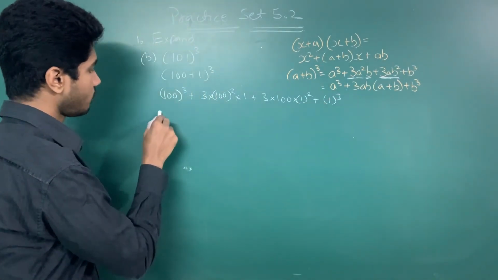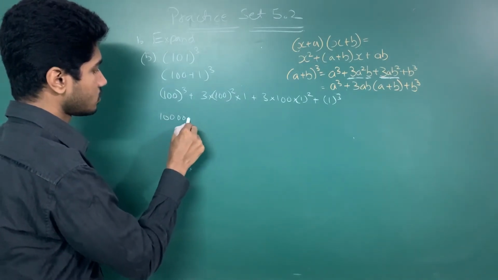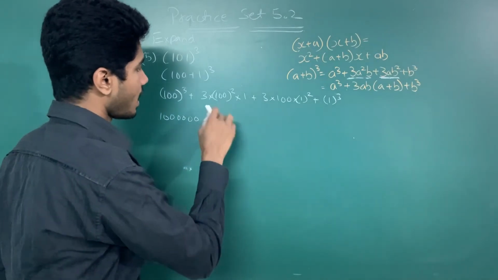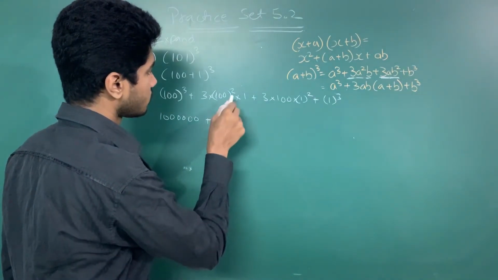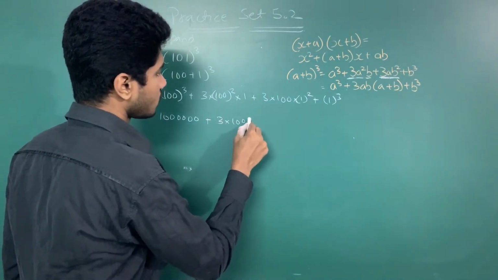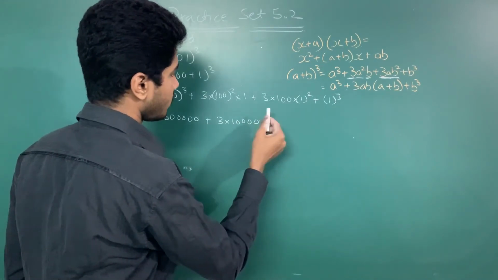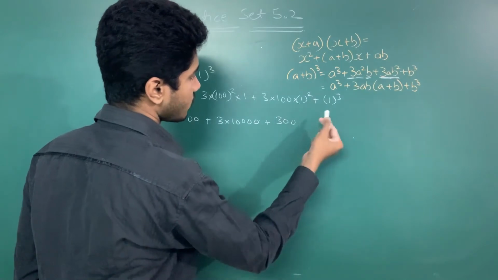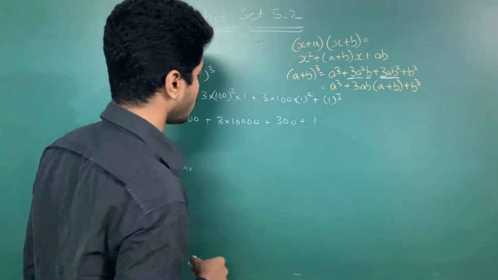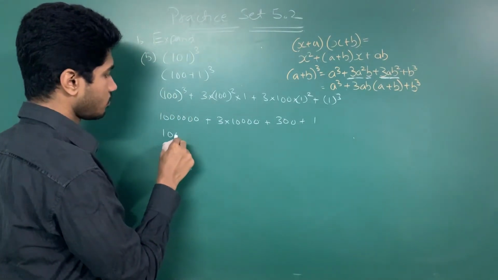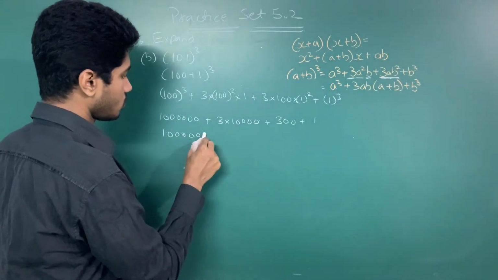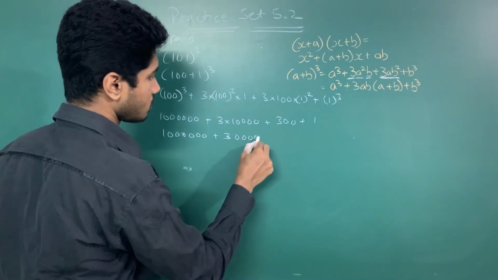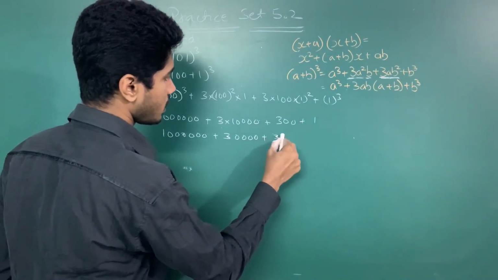So 100 cube will be, you will get 6 zeros. Okay, so this is 1 lakh, and this will give you 10,000 into 1 into 3, that is 30,000, plus this will give you 300 because 1 the whole square is 1, and this will give you 1. So this is 301.